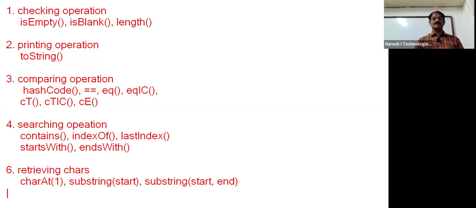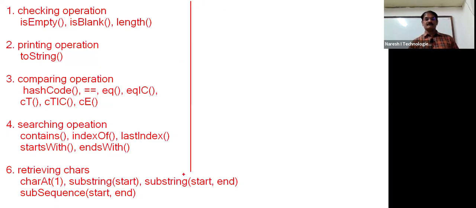What is the important point here? Start inclusive, end exclusive. That means the end index character is available in the result string? No. The next one more method available is subSequence, with capital S, subSequence of start comma end.